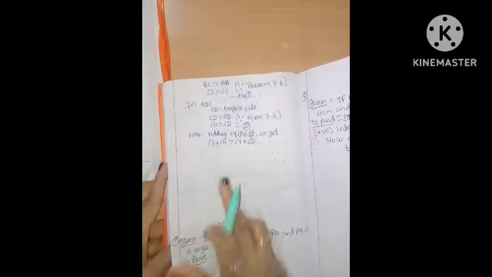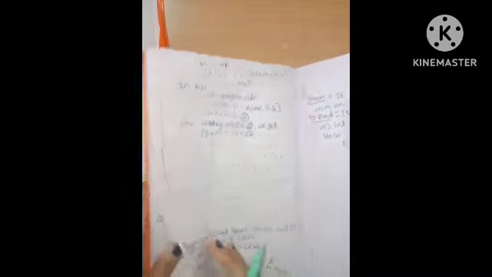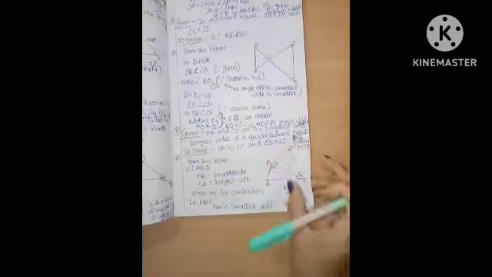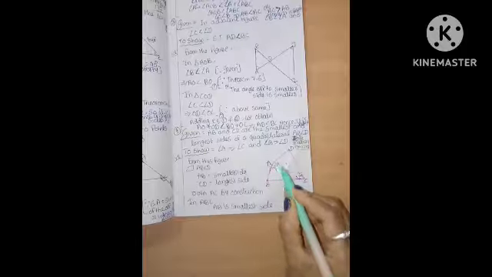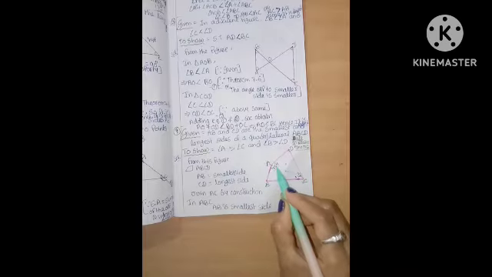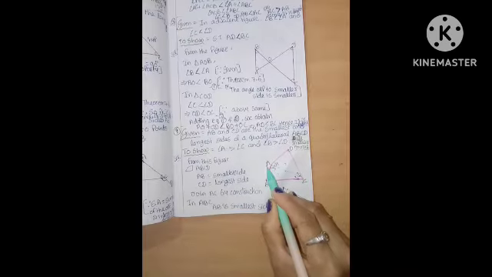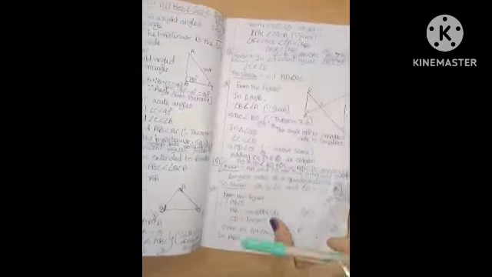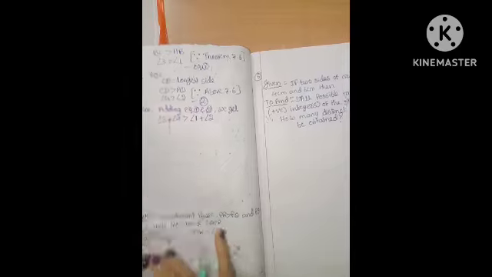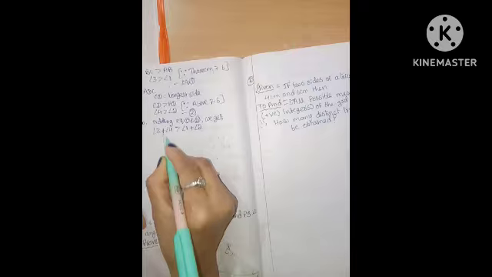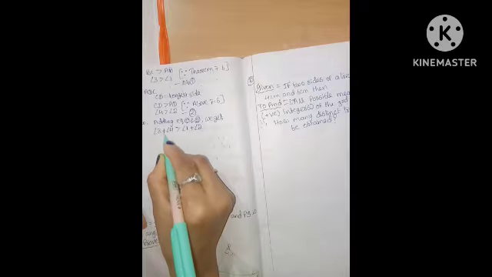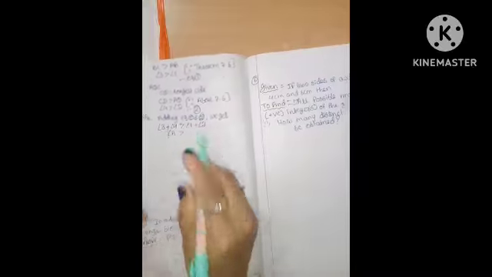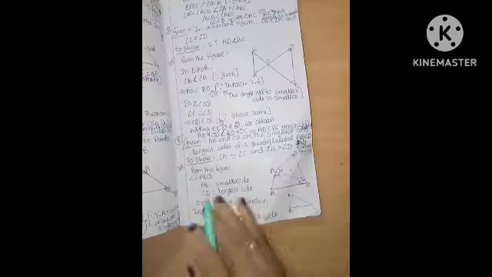What will we get? Angle 3 plus angle 4, from this figure, is nothing but the sum of these two angles, which is angle A. So we can write angle A is greater than angle 1 plus angle 2.